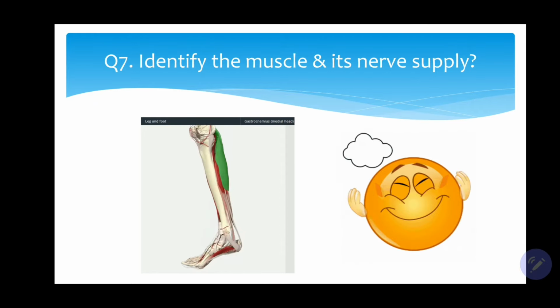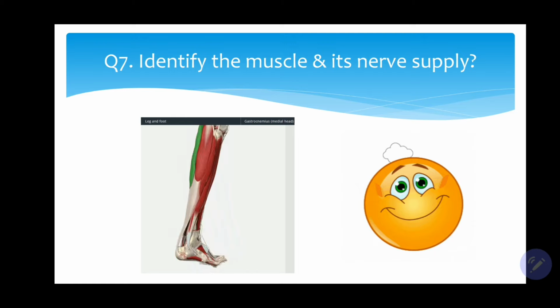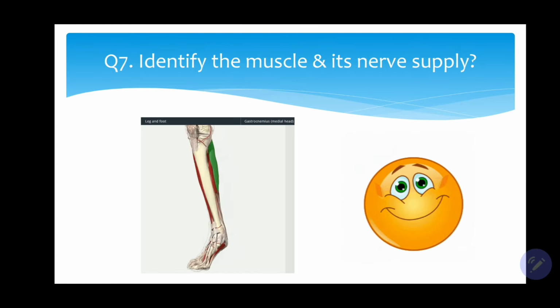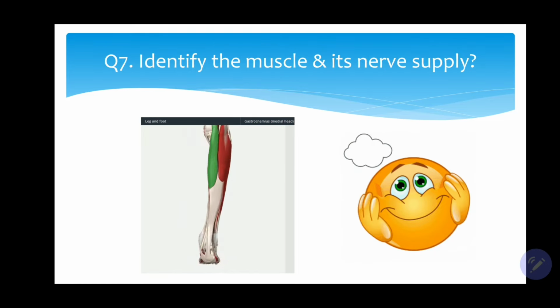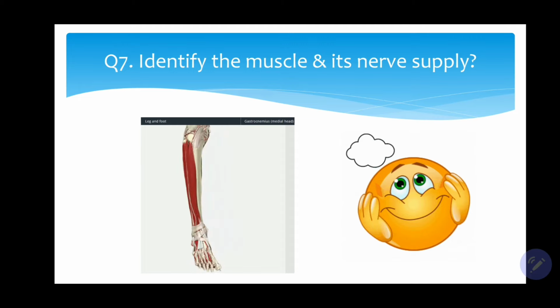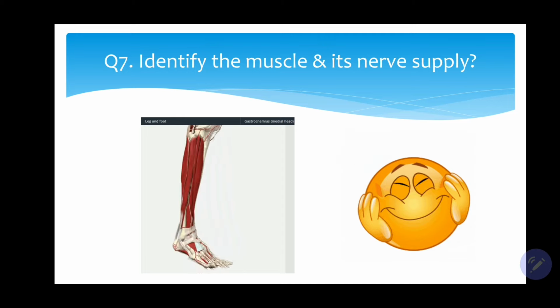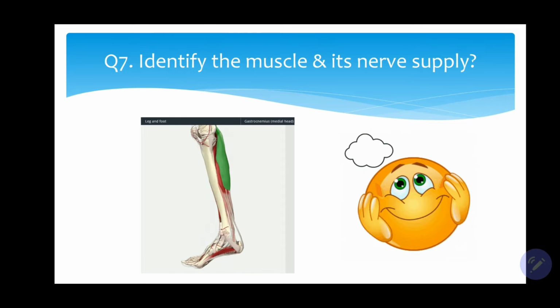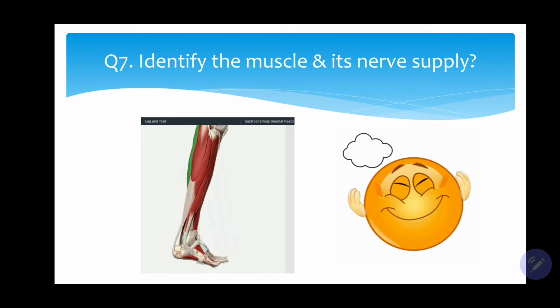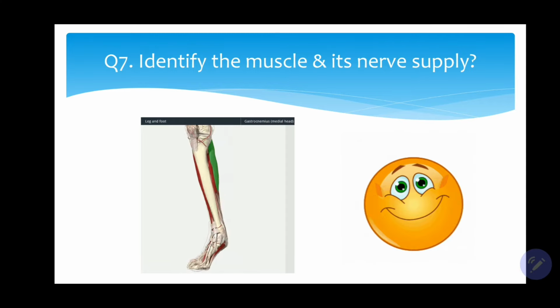Sometimes there is an infection in the synovial cavity of the knee joint or some injury might lead to inflammation of that bursa, and there will be an abscess in that bursa, and that's called Brodie's abscess.